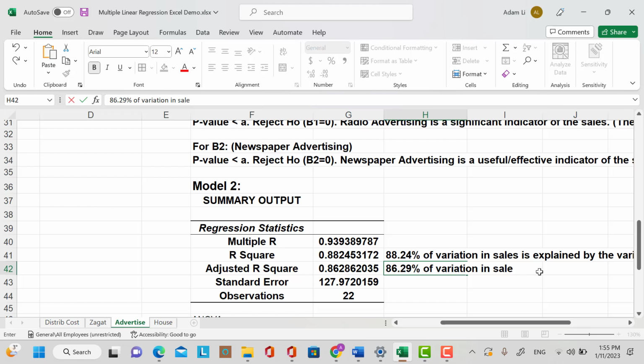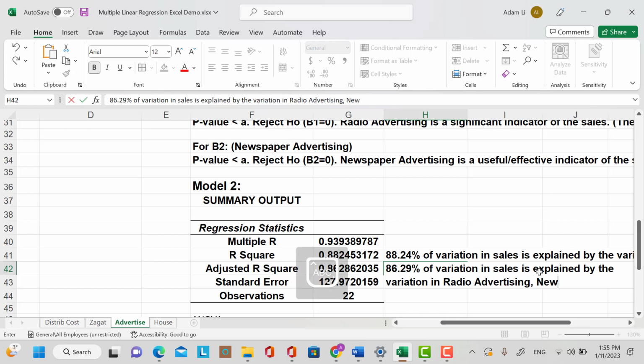Sales is explained by the variation in the three independent variables: radio advertising, newspaper advertising, and then recession, whether or not there's a recession. Right, so that's how we interpret this.